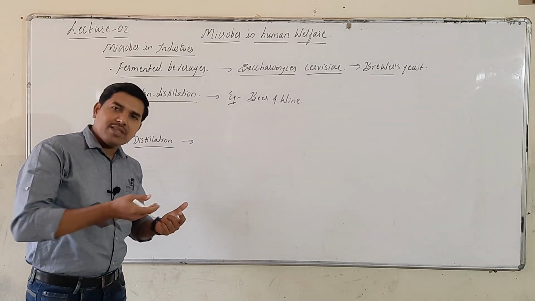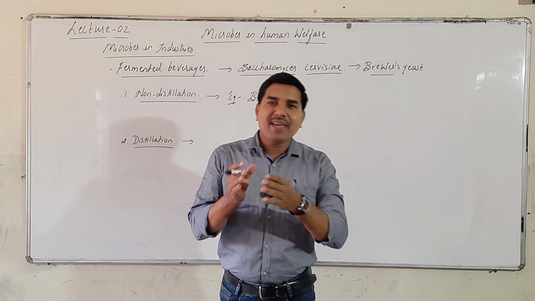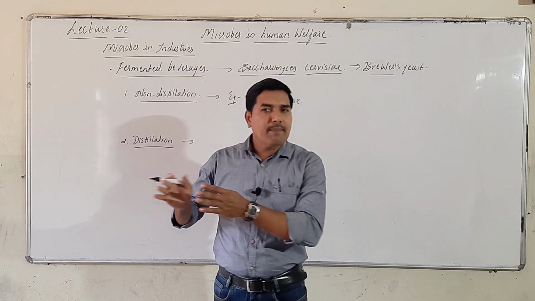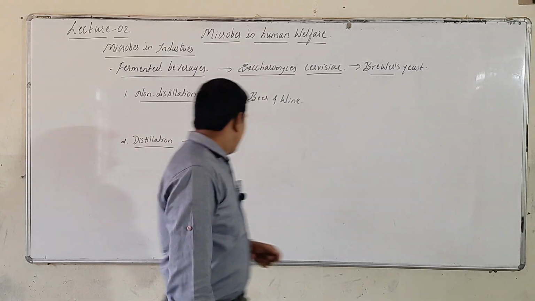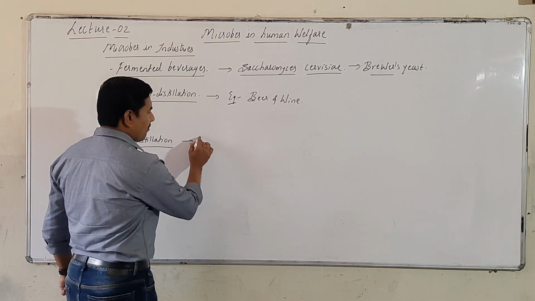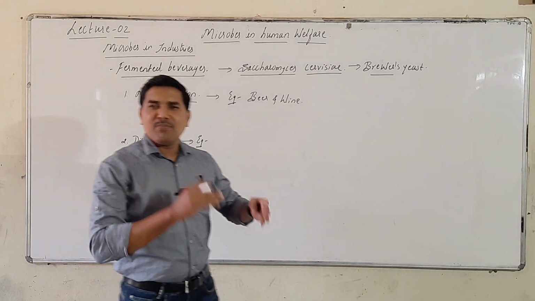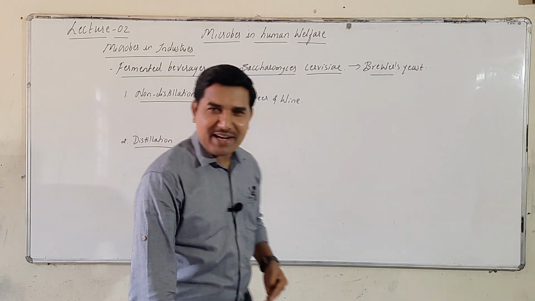Through distillation, the alcohol concentration goes on increasing, and we make it a little more concentrated than the previous value. In distillation, we have various different products. Apart from beer and wine, the rest of the brands you know come under this category. So what are those brands?